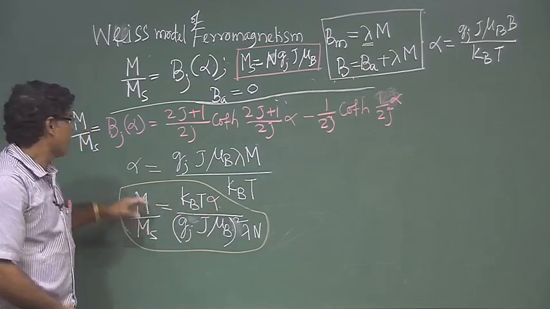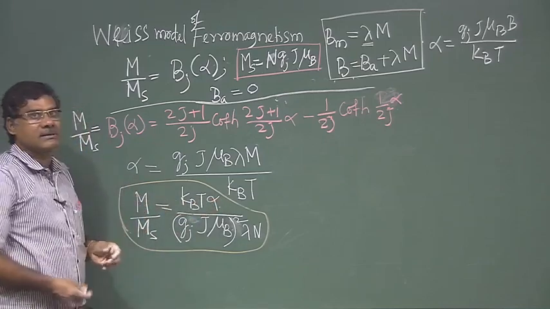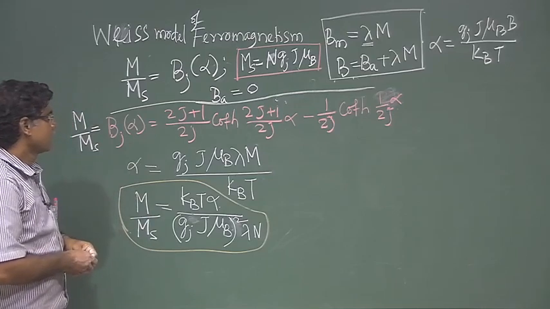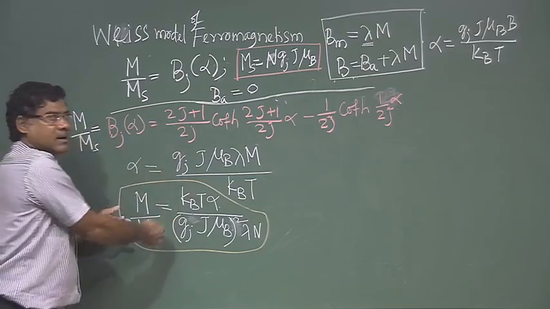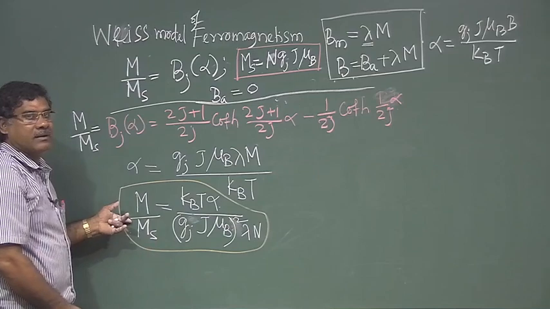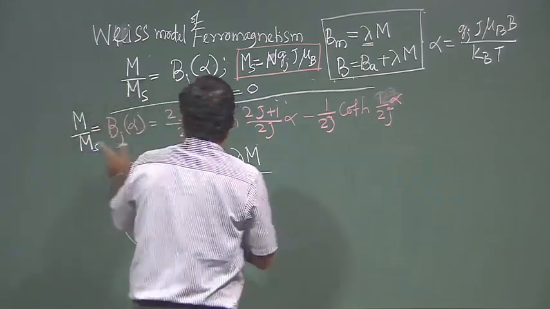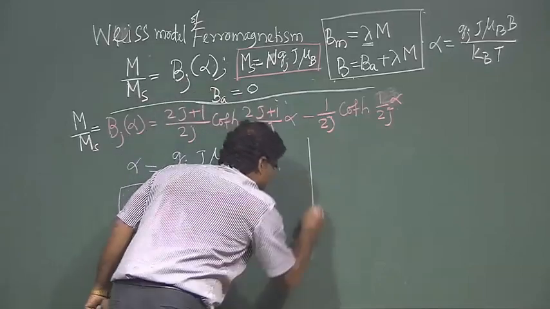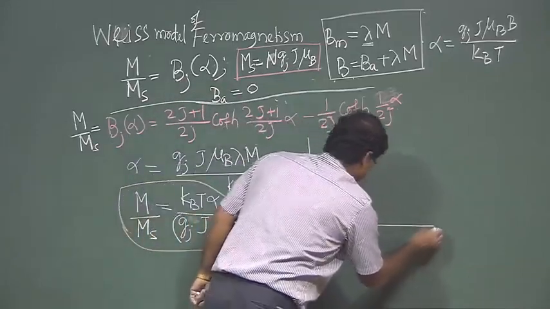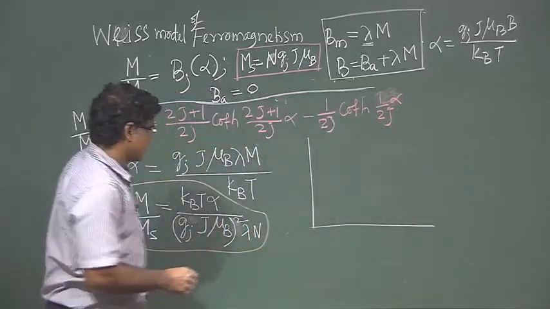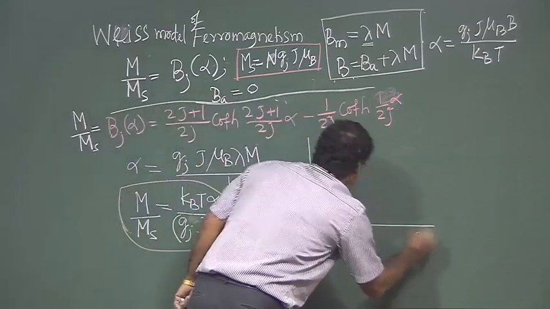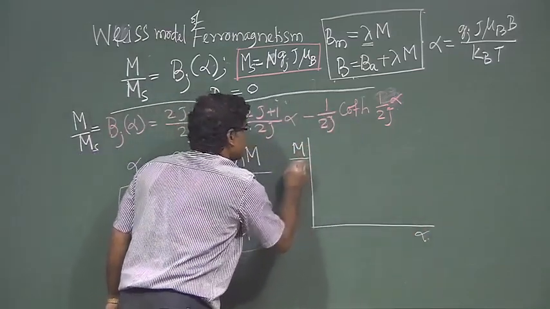So we will get the simultaneous solution if I draw both curves; the simultaneous solution will be the intersecting point of these two curves. So I plot this as a function of alpha and this M by Ms.